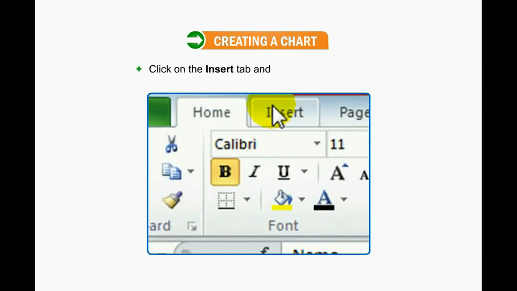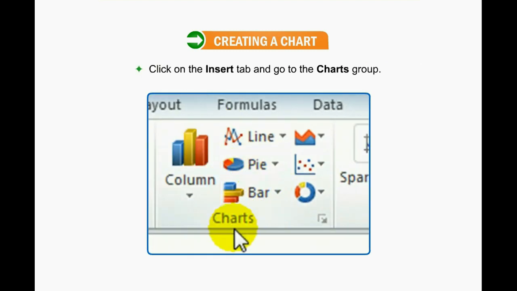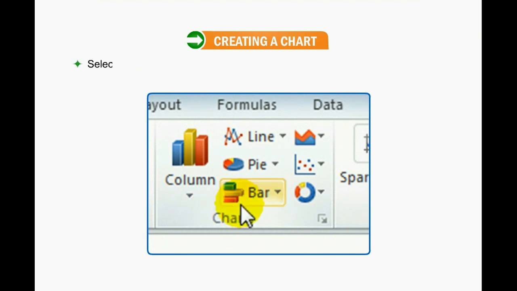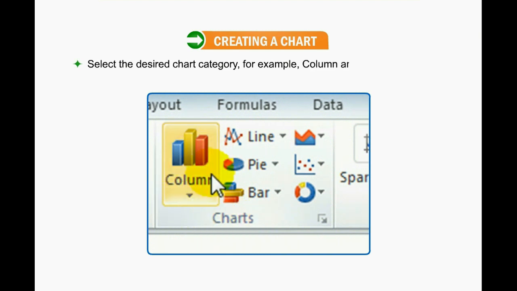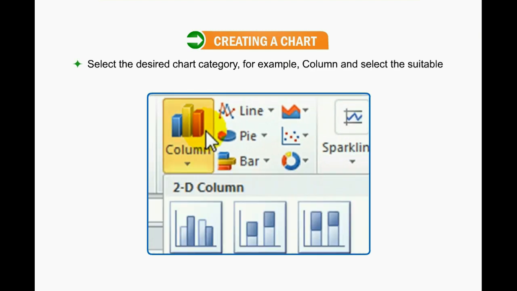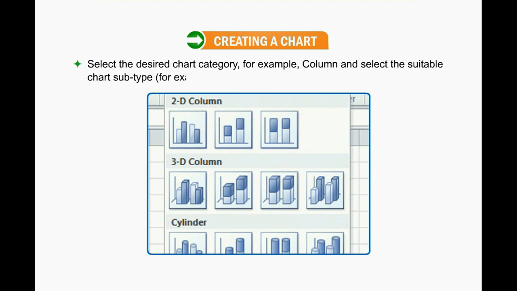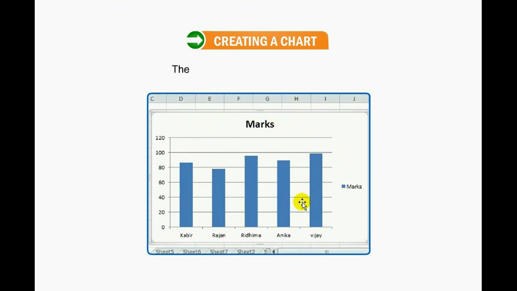Click on the Insert tab and go to the Chart group. Select the desired chart category, for example, column, and select the suitable chart subtype, for example, clustered column, from the displayed choices. The chart appears on the worksheet.